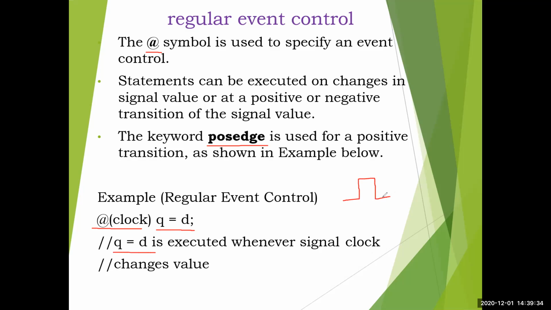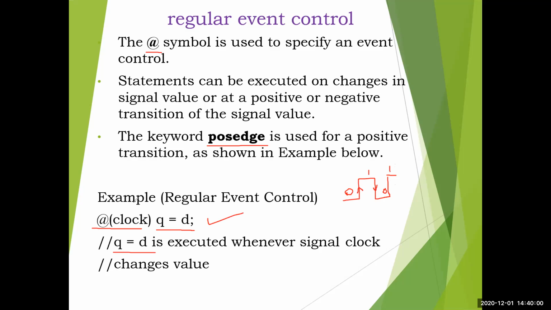In a clock we will not call these 0 and 1, we'll call it a positive edge. This is upward, and when it is falling we call it a negative edge. That's why the posedge keyword is mentioned. In this example I have just mentioned clock changes, that means it may be 0 or it may be 1, so both will change. It will change from 0 to 1 and 1 to 0 also, and this statement will execute.